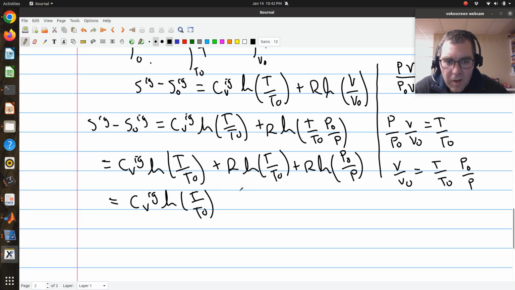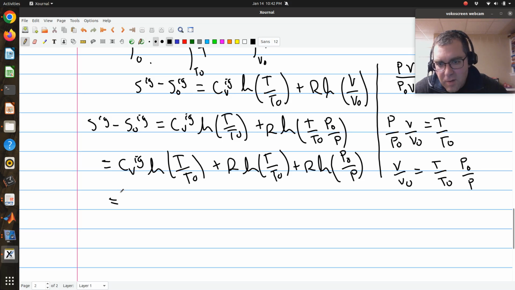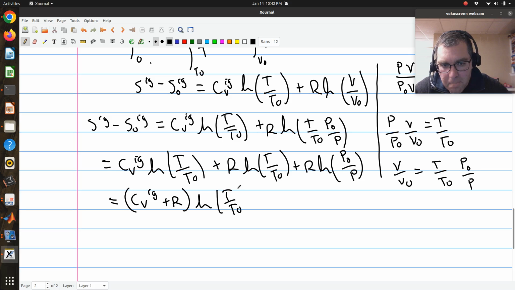And then this is going to be Cv ideal gas log T over T naught. Actually, as I flip the sign, I have a common log T over T naught. So this is Cv ideal gas plus R times log T over T naught.